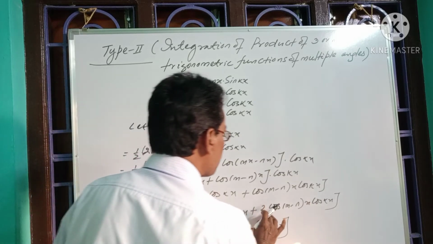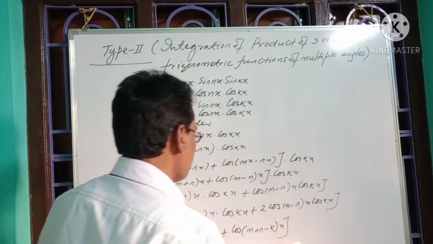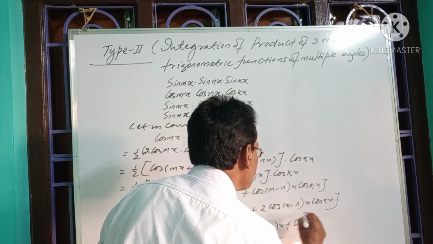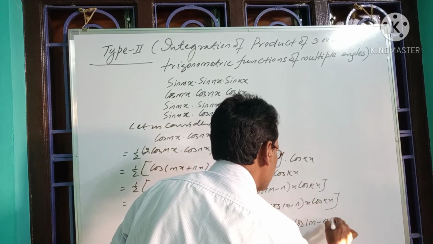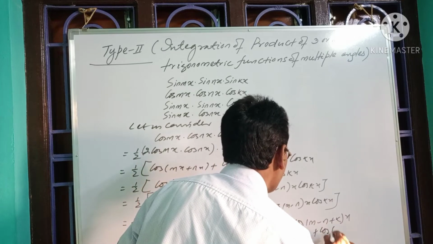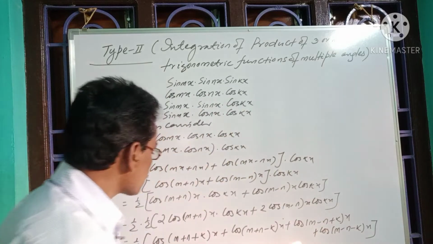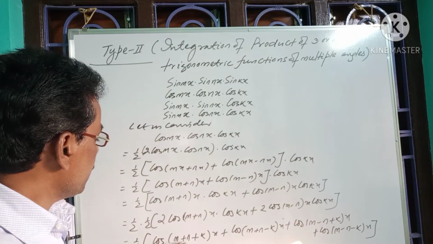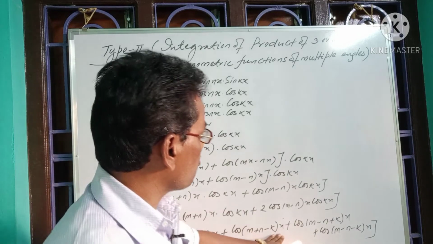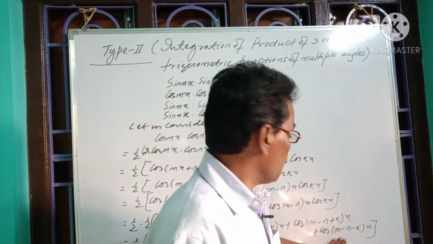Again breaking 2 cos of (m minus n)x into cos kx, we have cos of (m minus n plus k)x plus cos of (m minus n minus k)x. So we got 1 by 4 into cos of (m plus n plus k)x plus cos of (m plus n minus k)x plus cos of (m minus n plus k)x plus cos of (m minus n minus k)x.